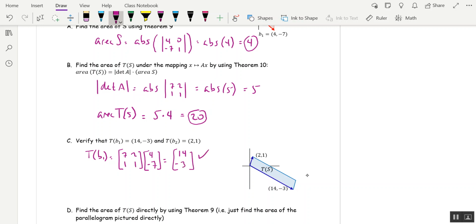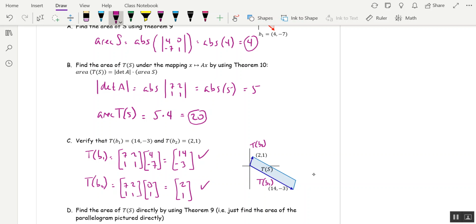Okay, so we verified that. T of B2 is A times B2. So 7, 1, 2, 1. B2 was, let's see, 0, 1. Okay, so that's 2, 1. Check. So here's T of B1.